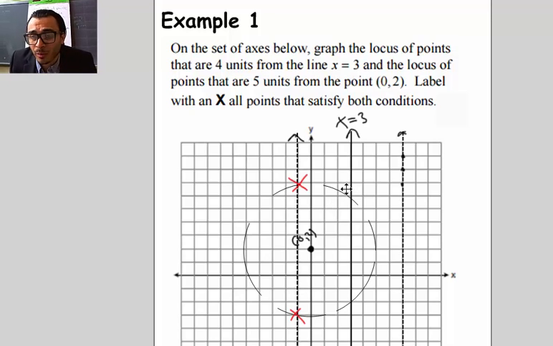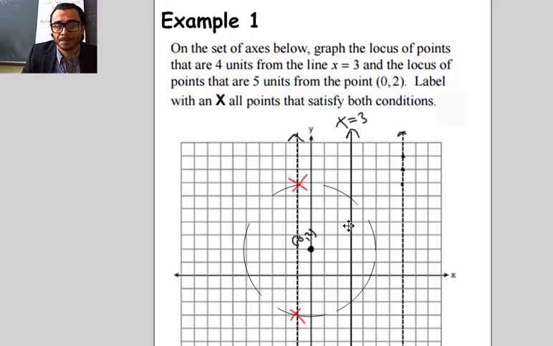I don't need to state the points, I just need to label them with an X. But if I was asked to state the coordinates, I would make sure that I state the coordinates. And that's it, right? Those are the only 2 points that satisfy both conditions. Because it is only at these points that you will be 4 units from the line x equals 3, and you will be 5 units from the point (0, 2).